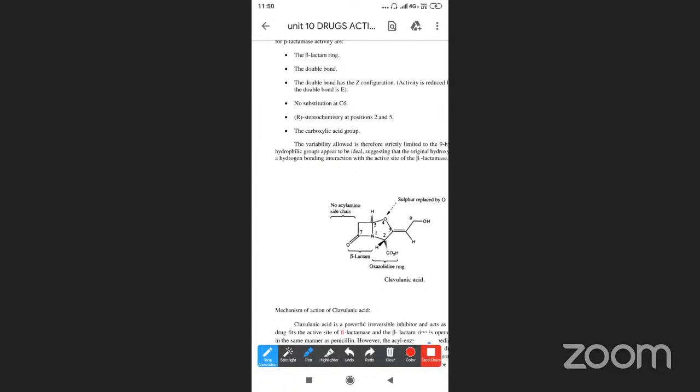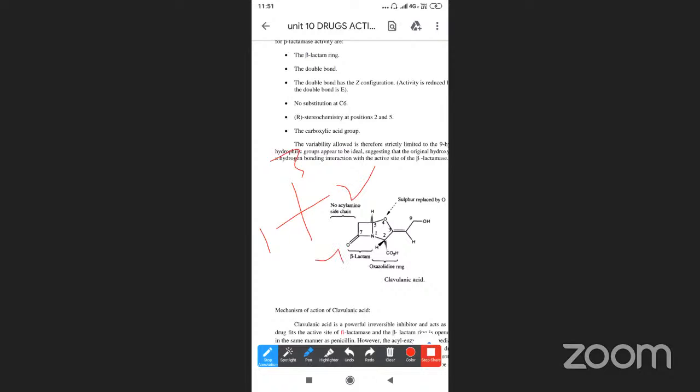So how to assign the R/S configuration here? You give the numbering 1, 2, 3, 4 according to their molecular weight, isn't it? According to their molecular weight you give the numbering.